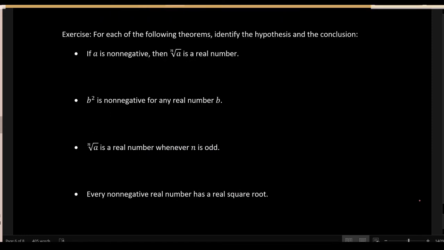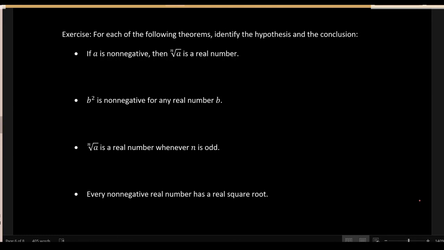So let's get a little bit more practice identifying the hypothesis of a theorem and the conclusion. We have to be very, very good about this, because if the hypothesis is not satisfied, the theorem is useless to us. So, theorem number 1, if a number a is non-negative, then the nth root of a is a real number.